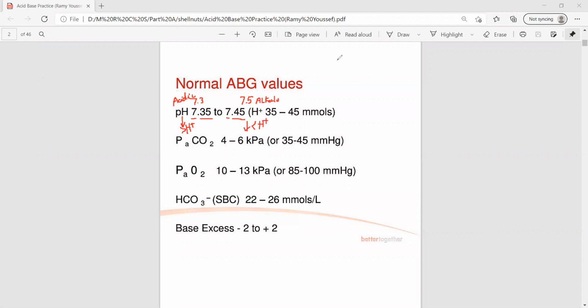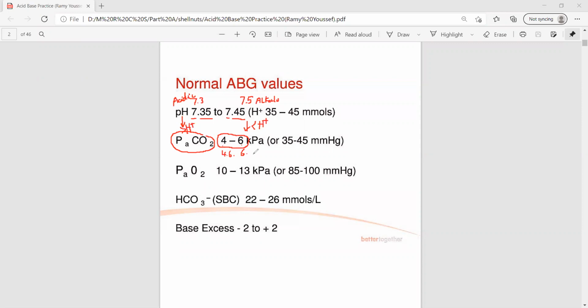This is the first parameter you have to know. The second important parameter is the CO2. CO2 normal is from 4 to 6. Sometimes you find it 4.6 to 6. Whatever in the exam, he will write the normal parameter.